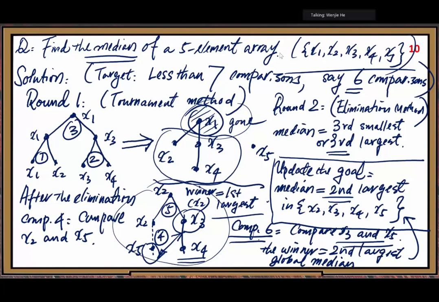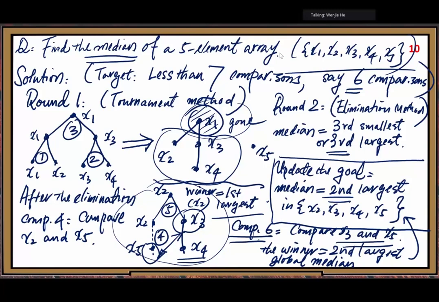Look at this solution, I hope it's not too hard to understand. The first round is the tournament method, then the second round is elimination. You eliminate X1. After elimination, you update: the median becomes the second largest among the remaining 4 elements.